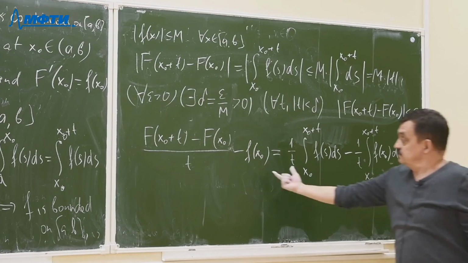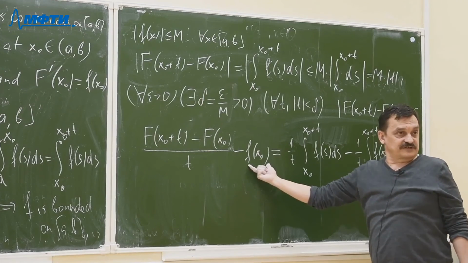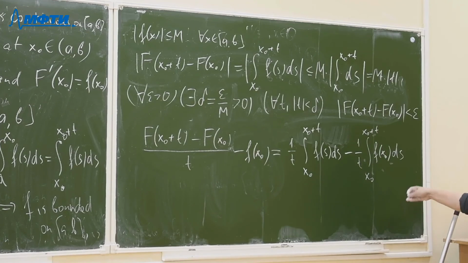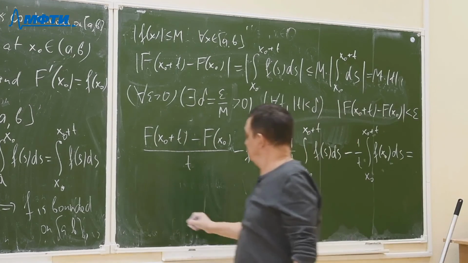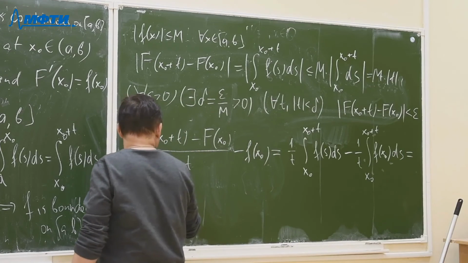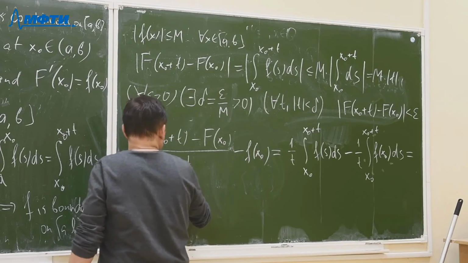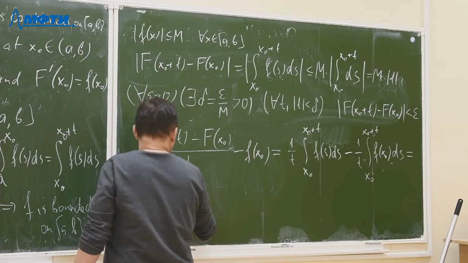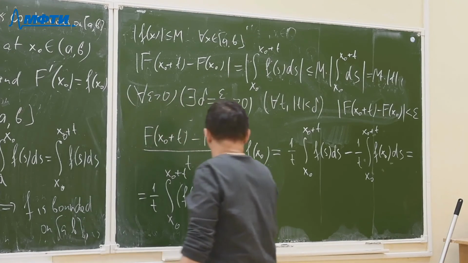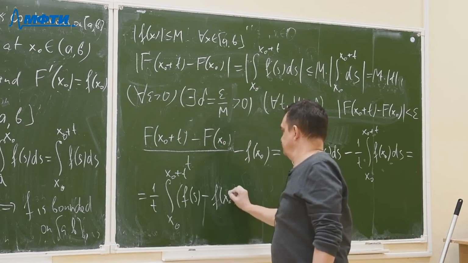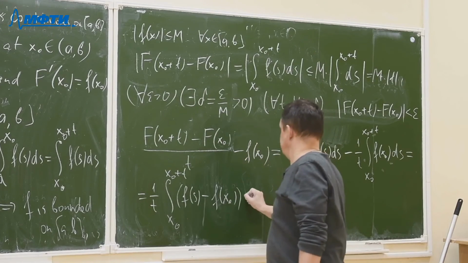That is a strange way to write down f of x naught, like that. Then what is it? That is 1 over t integral from x naught to x naught plus t of f of s minus f of x naught ds.